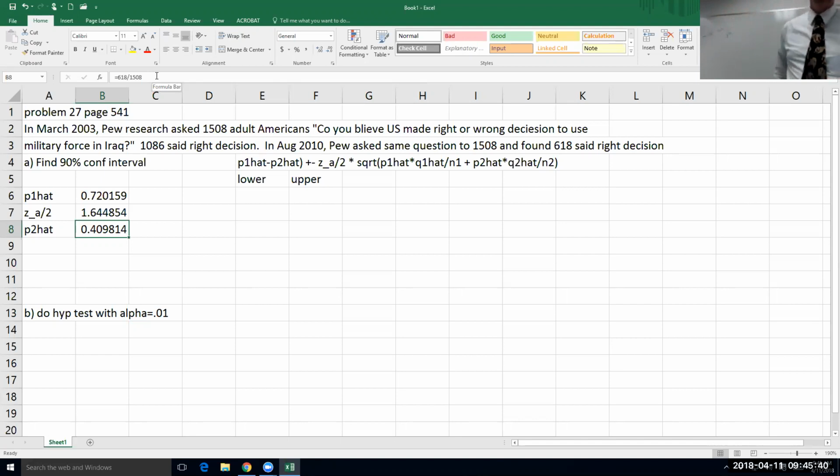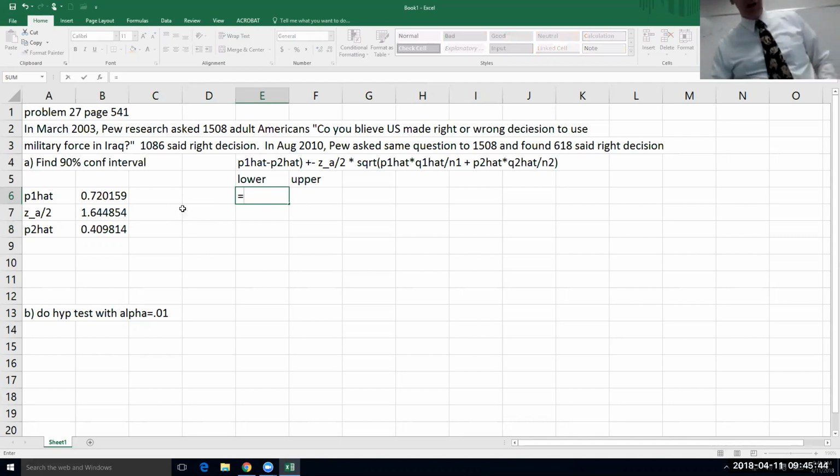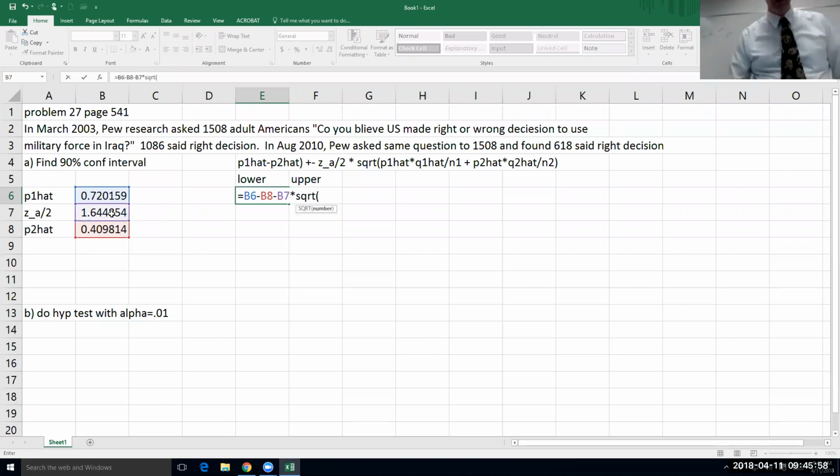All right, so now your lower is going to be P1 hat minus P2 hat minus Z sub alpha over 2 times the square root of, and we're going to need parentheses here, P1 hat times 1 minus P1 hat divided by N1, which is 1508, plus P2 hat times, oops, here I need parentheses, what's Q1 hat? 1 minus P1.